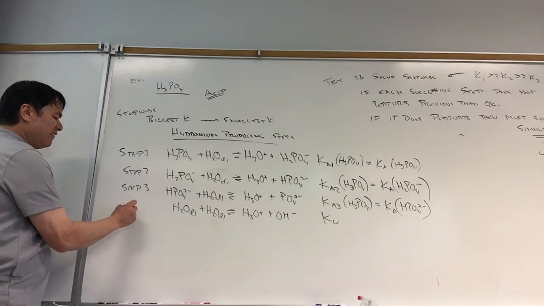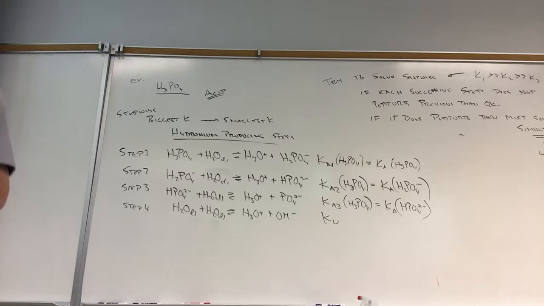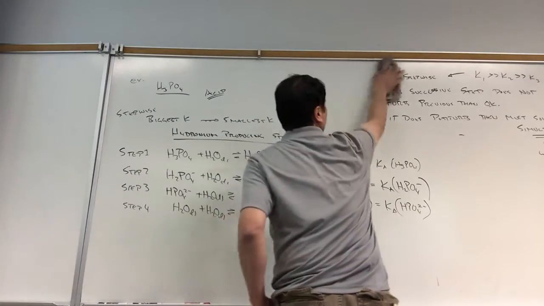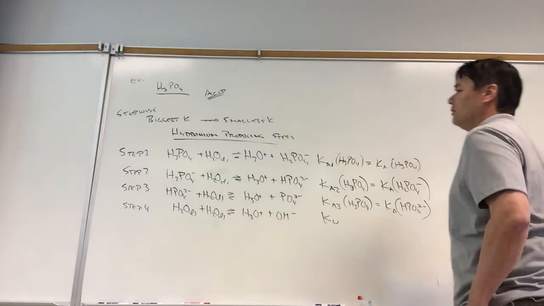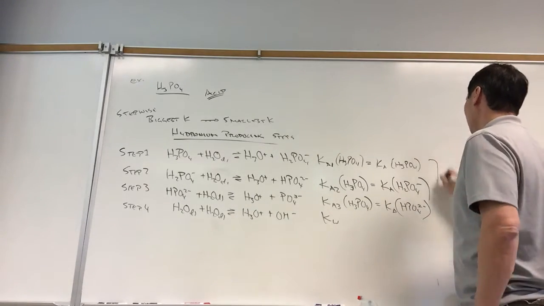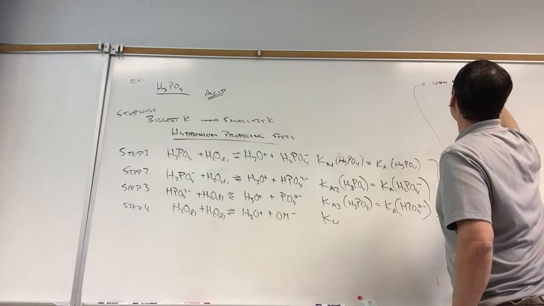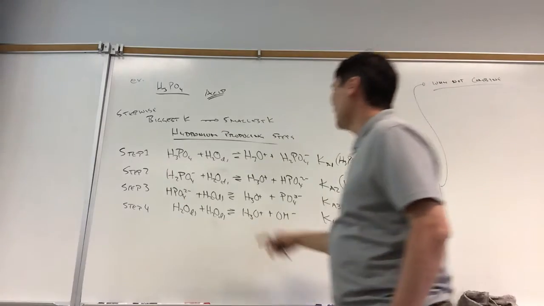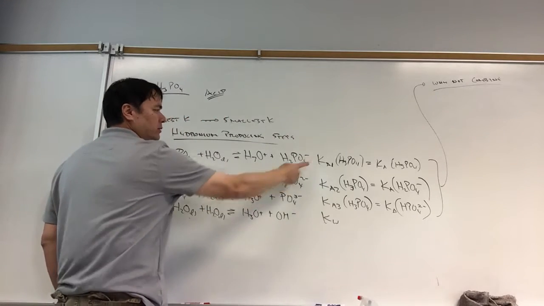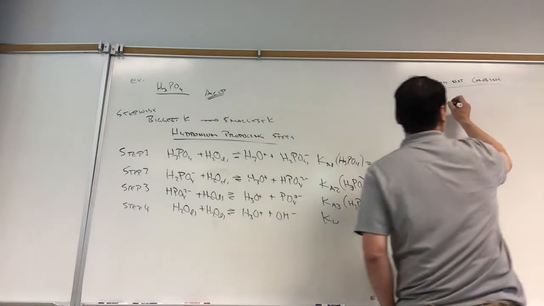Some people say, why don't we just combine steps 1 through 3? Remember the Hess's law analogy. So why not combine these three? If I add up these three equations, what do I do with the Ks? Multiply them, and that's easy to do.